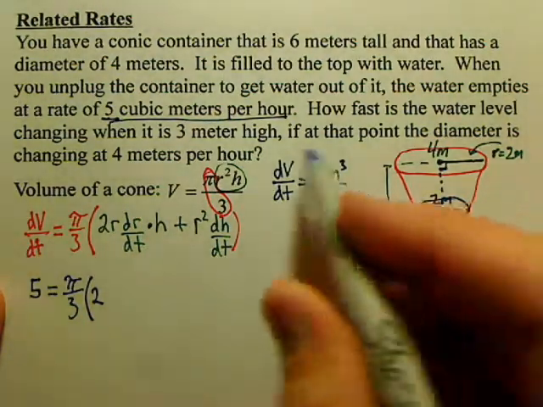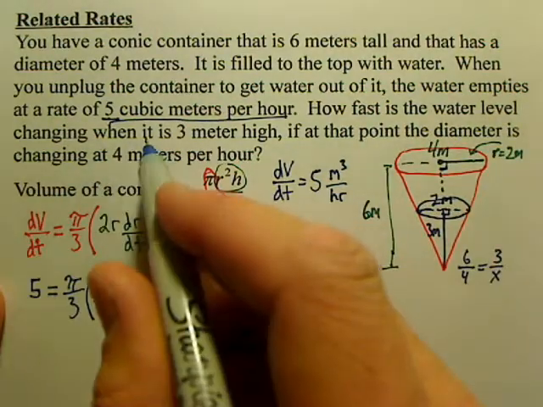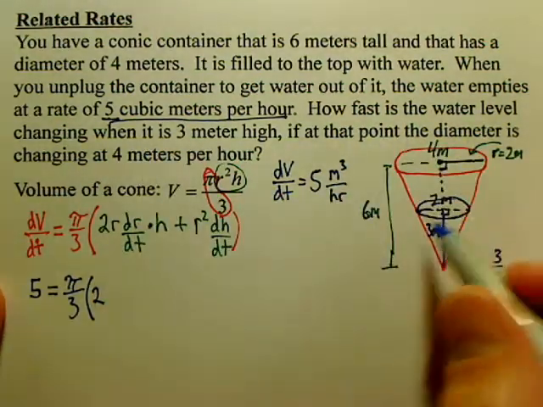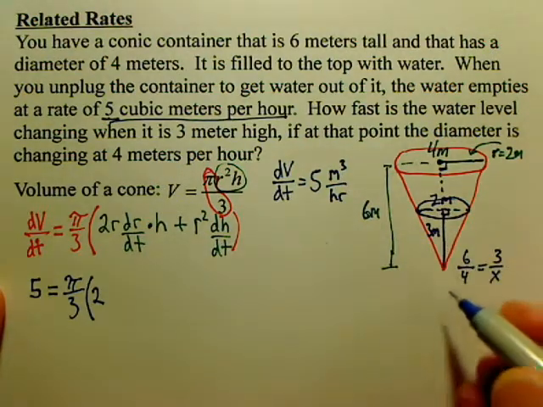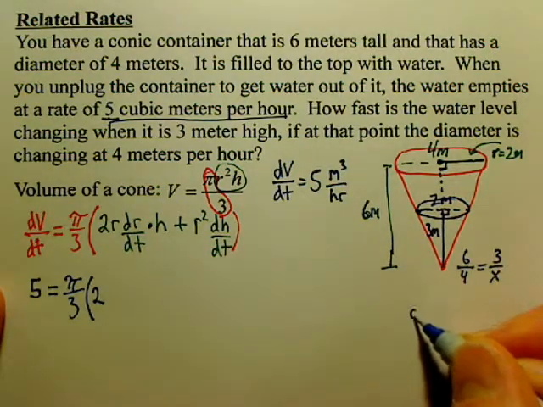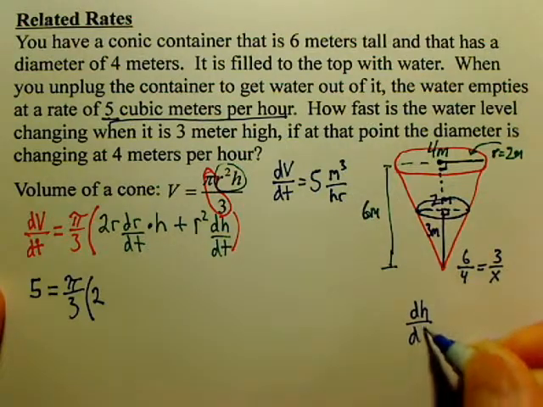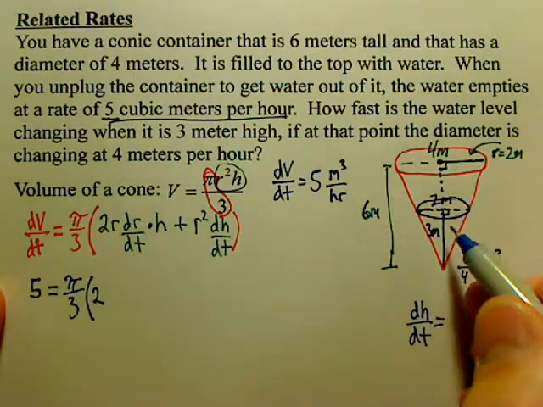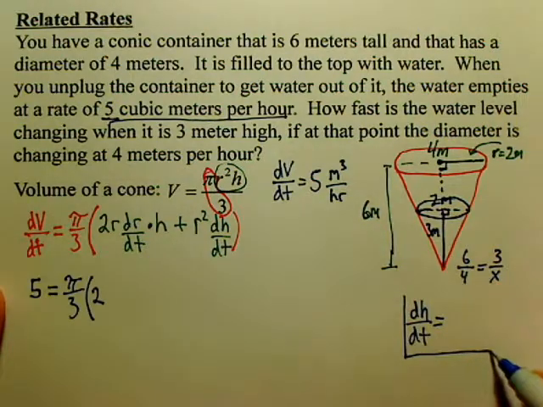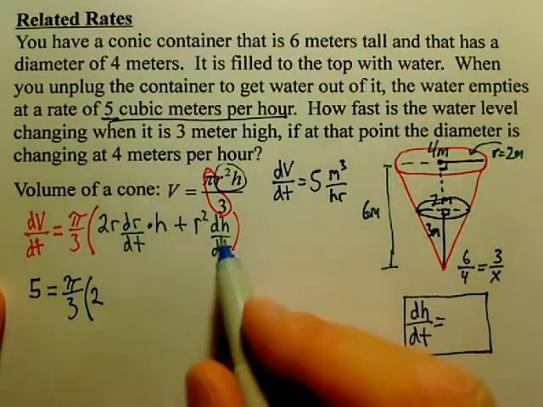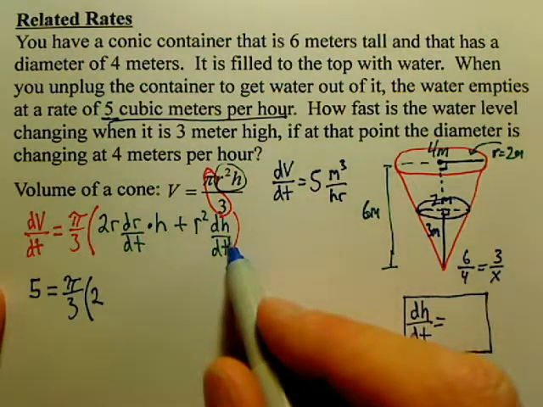Let's see. How fast is the water level changing? So the water level changing, they actually want to find the rate at which the height is changing. So the question is technically finding dH dt. Aren't we trying to find the rate at which the height is changing? So this is the final answer. We'll come back to that. That's going to be my final answer, which is what we're going to try to find.